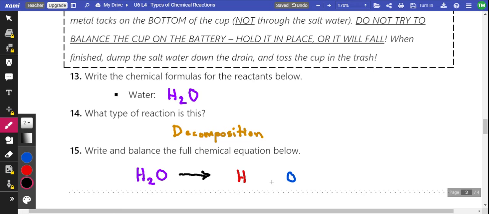Now, I have to check and make sure these formulas are correct. This isn't a compound, so I'm not canceling charges or anything. This is just a pure element in this case and in this case. So the only thing I have to check is, are these guys in Hofbrinkel? Are they one of those 7 diatomic elements? Well, the H in Hofbrinkel is hydrogen, and the O in Hofbrinkel is oxygen.